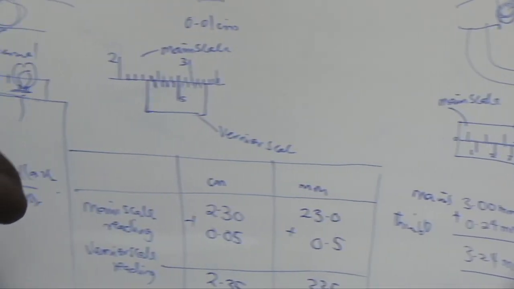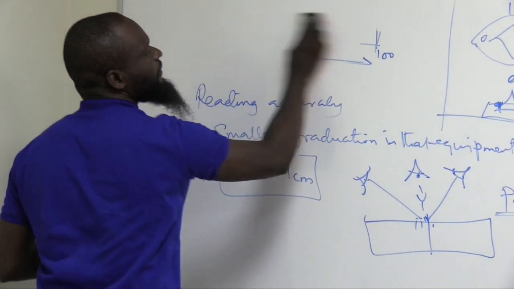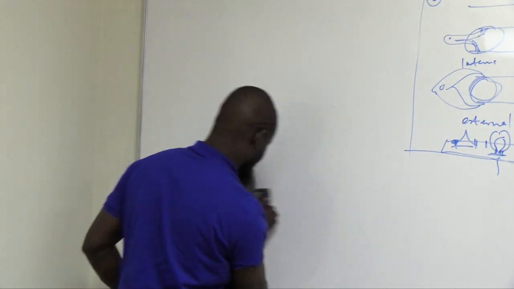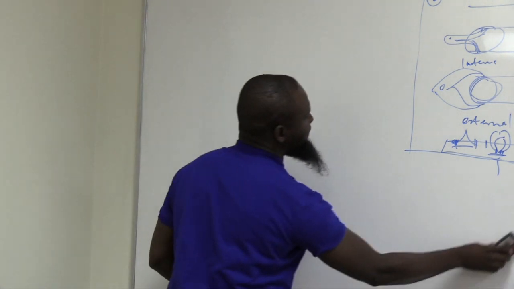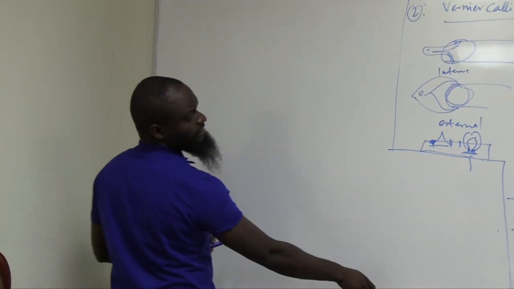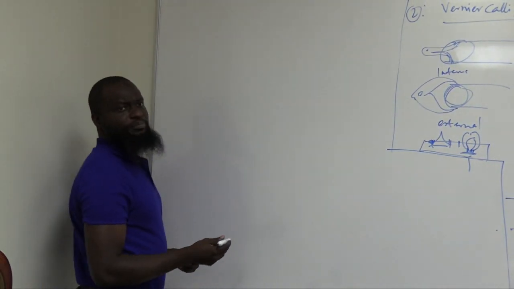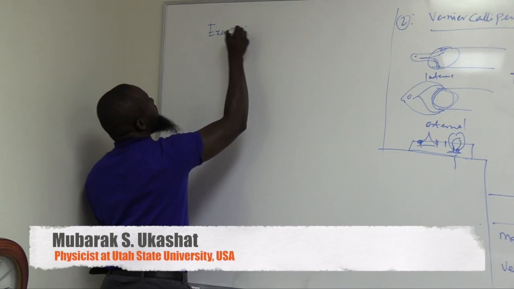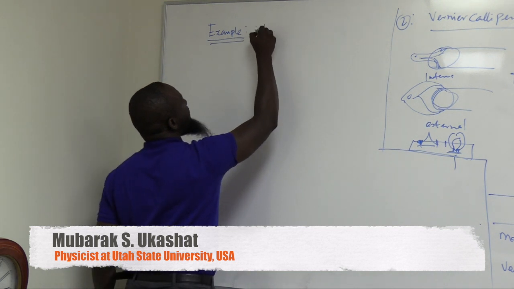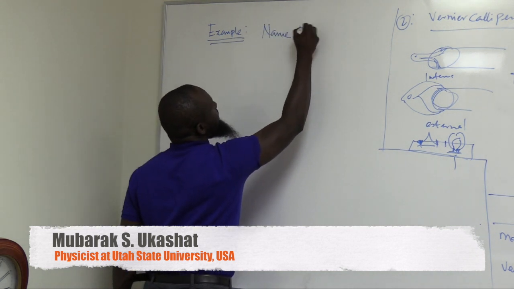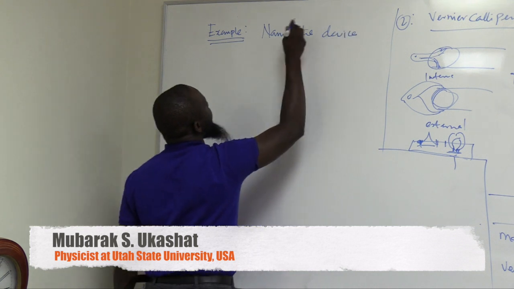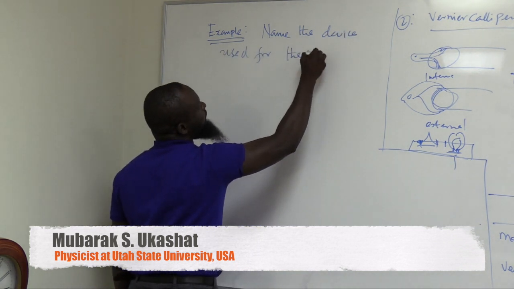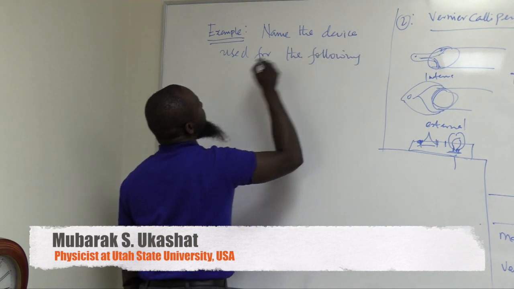Okay. Then here, the next thing I want to make mention of to you guys is that I can give an example. I say, for example, name the device used for the following measurements.